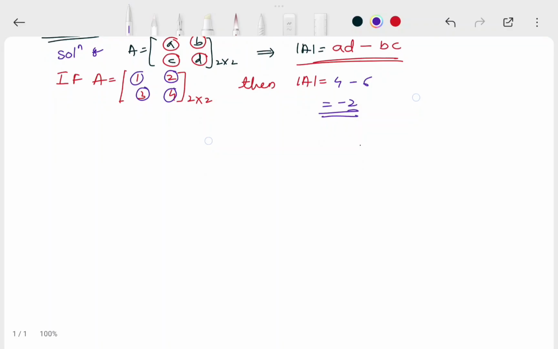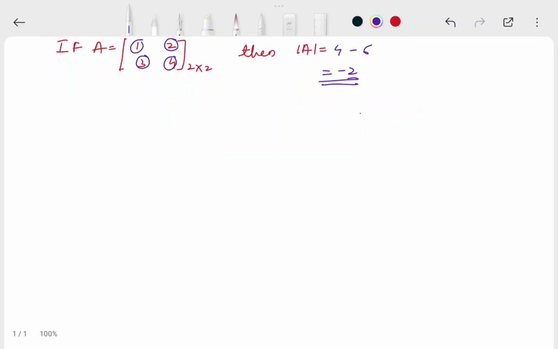Now, take another example. Example number 3, if A is equal to 1, 2, 3, 4, 1, 2, 3, 4, 1, a 3 by 3 matrix.